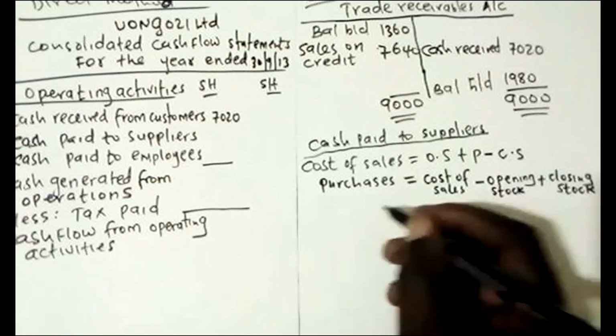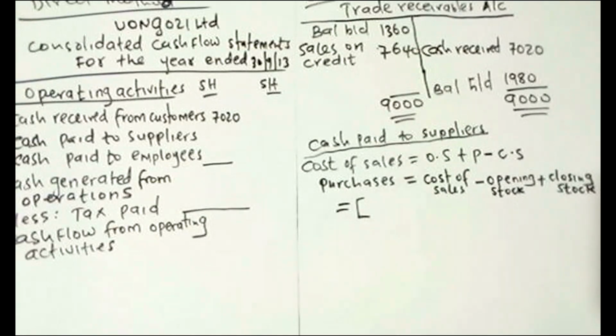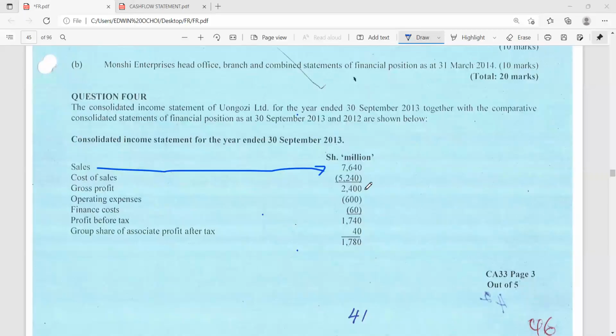So what is the cost of sales here? $52.40. Are you seeing the $52.40? It's under the income statement.